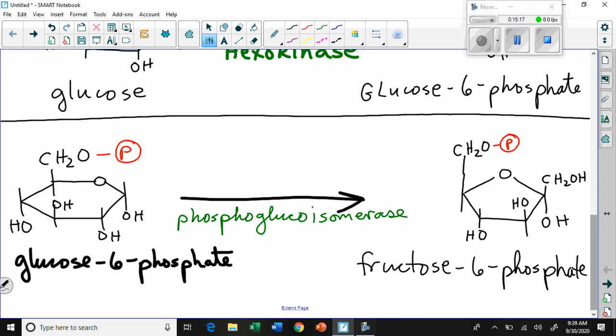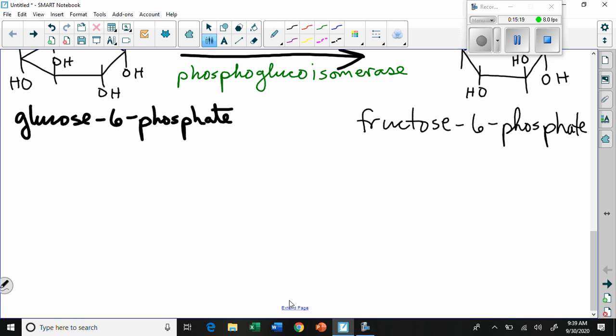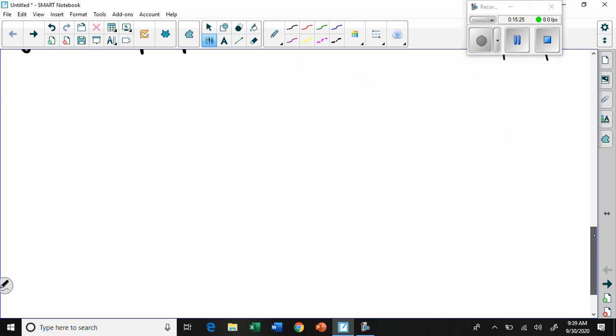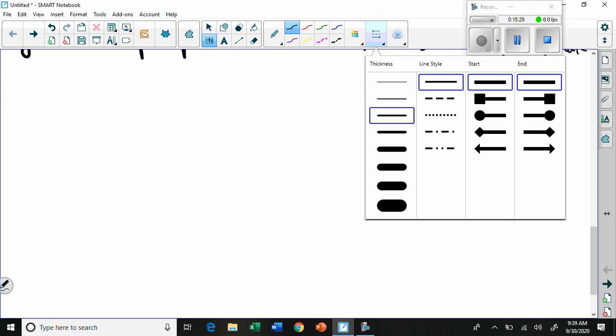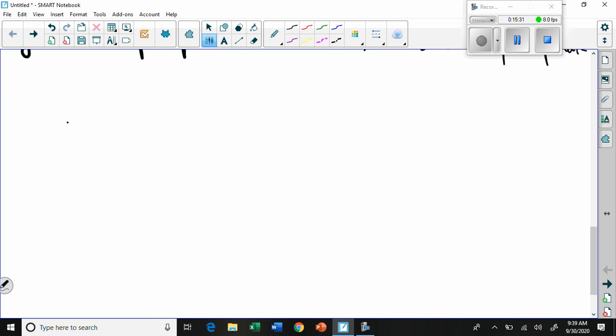All right, so the next step will be to take that fructose 6-phosphate. So we're going to draw it again. Right about here, okay. So fructose 6-phosphate. There we go.